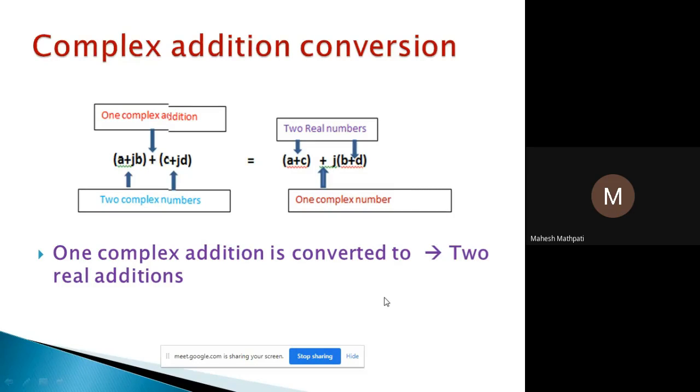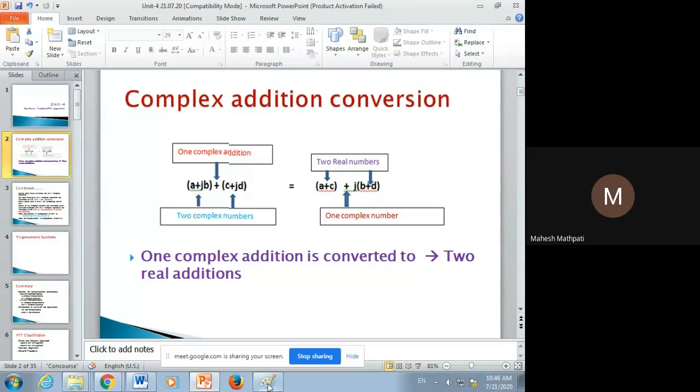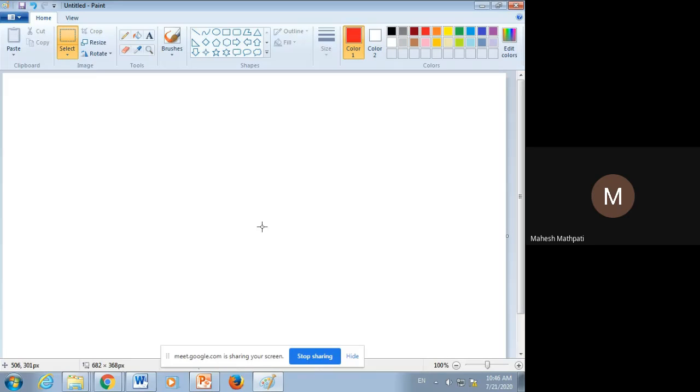That is 2 into N minus 1 into N, or simply write it as 2N square minus 2N.